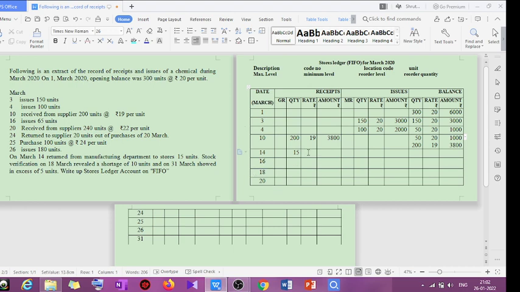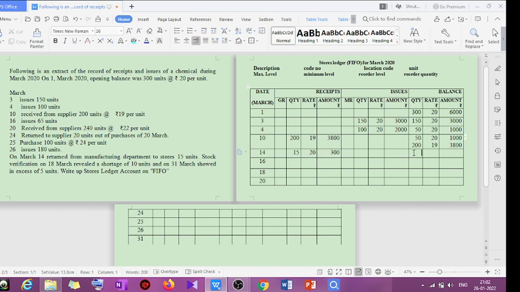So take 20 here. Whatever we have issued, that department sent us back. That is, return from manufacturing department to stores, 15 units. So how much will it be? 15 into 20, it will be 300. I hope it is clear to you.